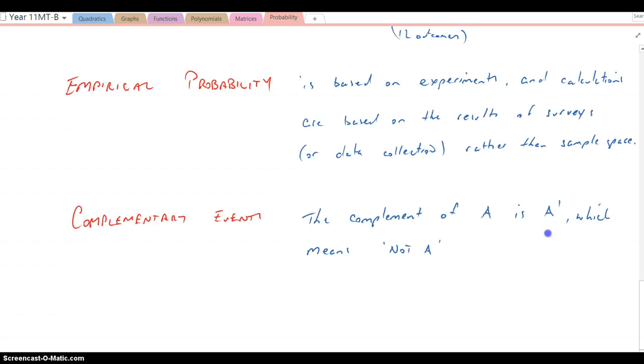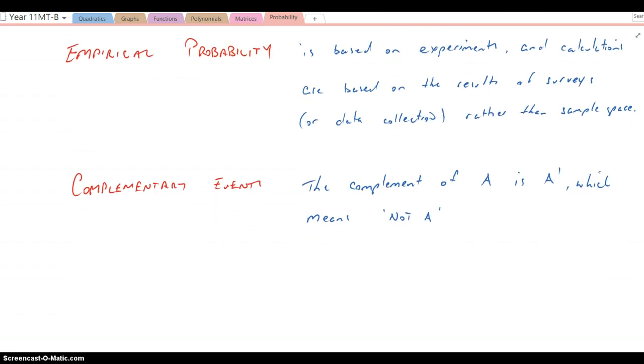So in an event, the probability of A plus the probability of A dash will equal 1. Sorry, that was a plus there. The probability of A plus the probability of the complement of A will equal 1.